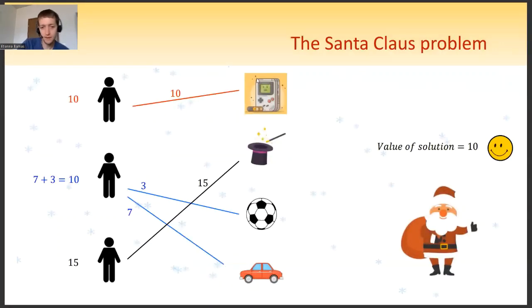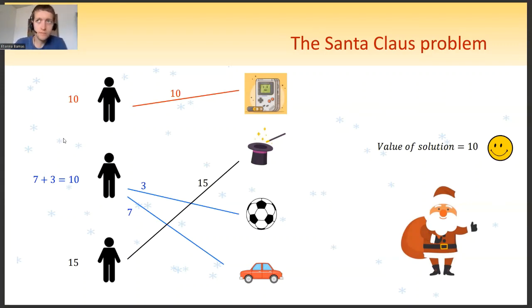You can check that no gift is given to more than one child. Like I said, the happiness is a linear function, so the second child is given 2 gifts of 7 plus 3, so his valuation is 10. Now we look at the minimum valuation in this allocation, who is the least happy. These two get only 10, so the value of this allocation is 10. This minimum number is what we're trying to maximize.